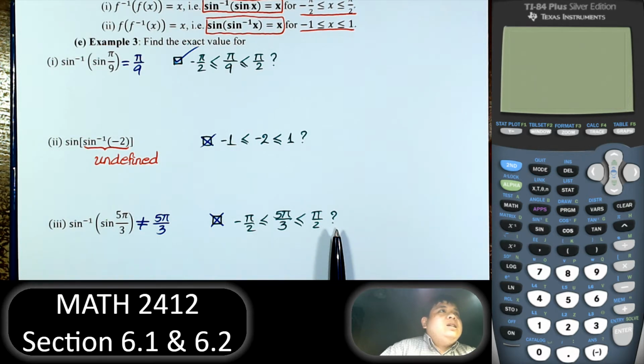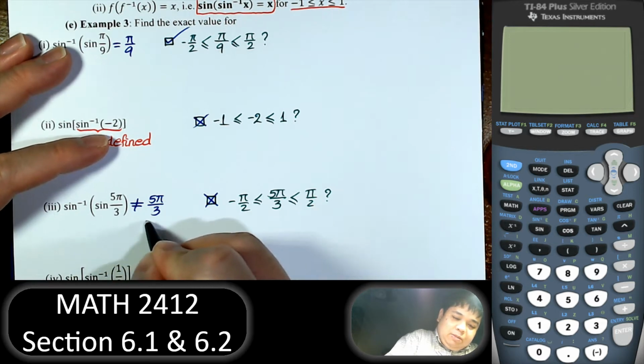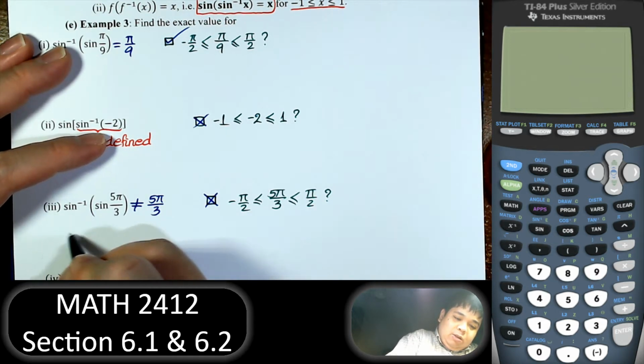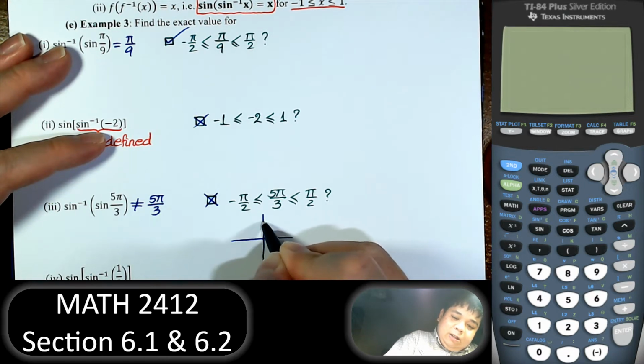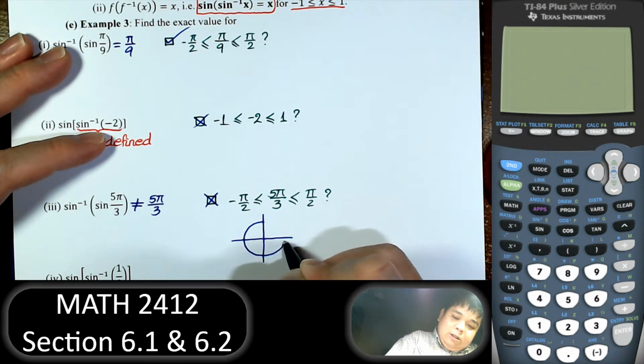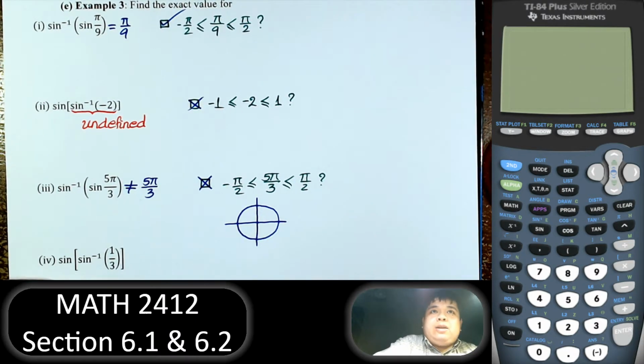Right, what's that? Now, think about this. Let's just draw the values. Draw a circle. Let's do it here. Five pi over 3. Where is that?